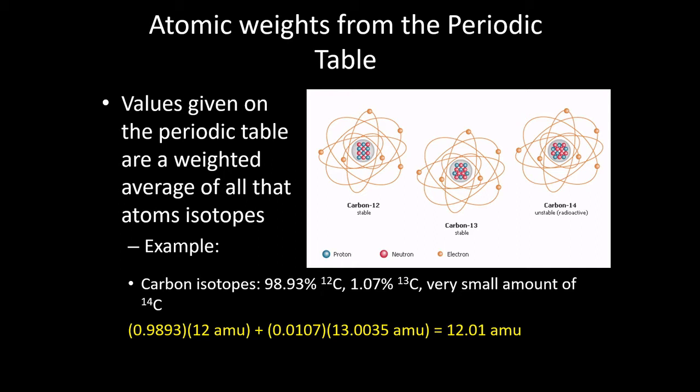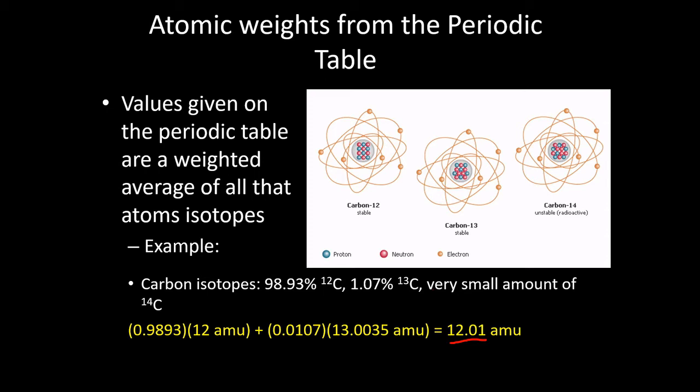So what the mass on the periodic table is not saying is that if you were to go out and find a single atom of carbon, it would weigh 12.01 AMU. You could never actually find any atom of carbon that weighed 12.01 AMU.